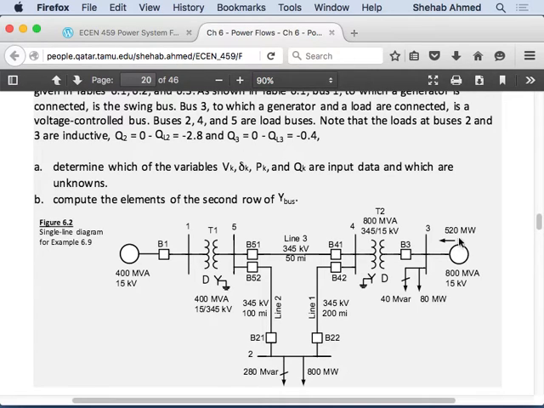It's a generator bus. I have a generator which is 520 megawatts, much higher than my load, right? So definitely the P is going to be defined by the generator. So I have P defined by the generator, and the voltage defined by the generator, and Q will be defined by the system, right? The Q of 40 megavars is not really defining the reactive power at the system, unless that is the reactive power limit of that generator.